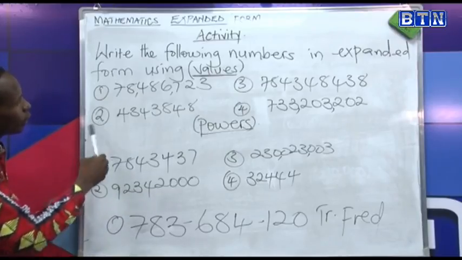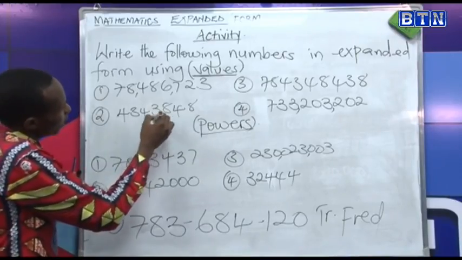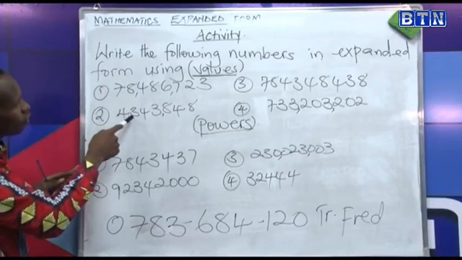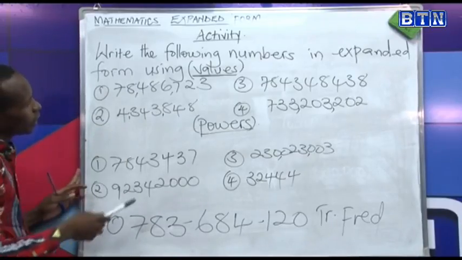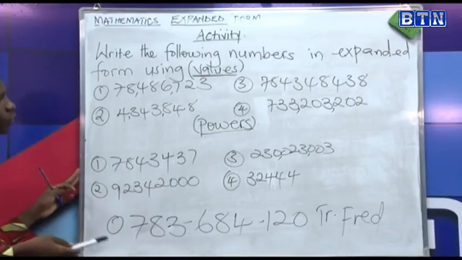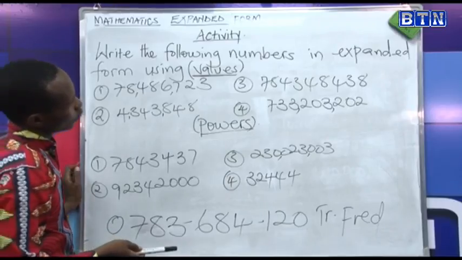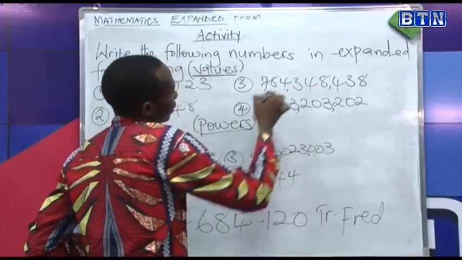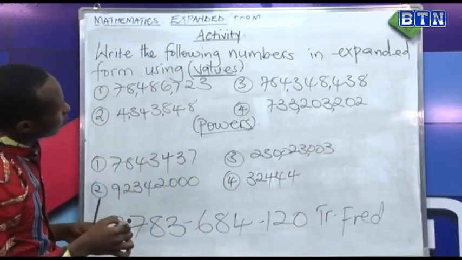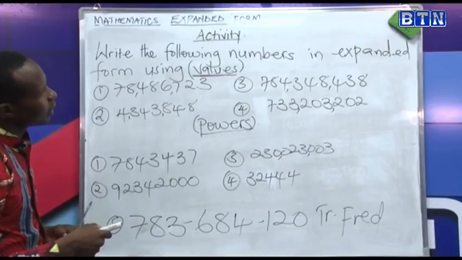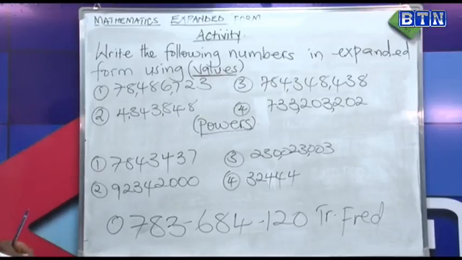Number 2, they said you also expand the same number using also values. So they said 4,334,848. They want you to use values. When we come to number 3, still on using values, they have also given us a number here, 184,348,438.